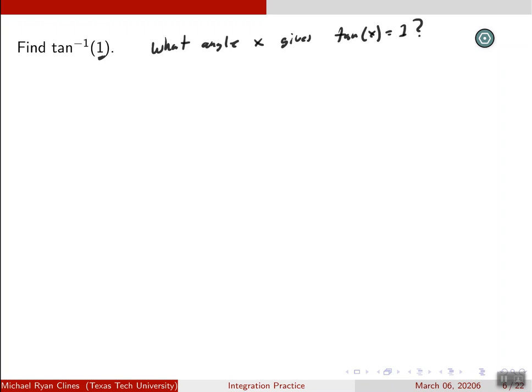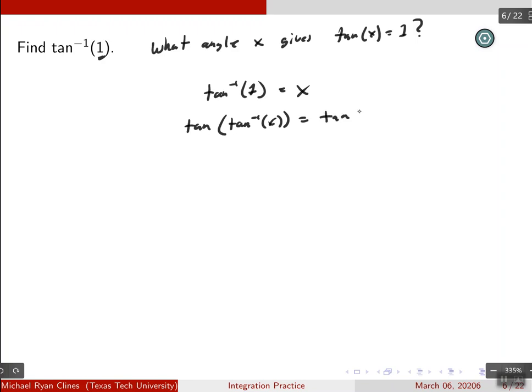Here's how we go about solving this. We want to solve for x, so let's set up our equation. We know tan inverse of 1 is equal to x. What we can do is take tangent of both sides. Since tan and tan inverse are inherently inverses of each other, tan of tan inverse of 1 is just 1, which is equal to tan of x, since I took tangent of both sides.